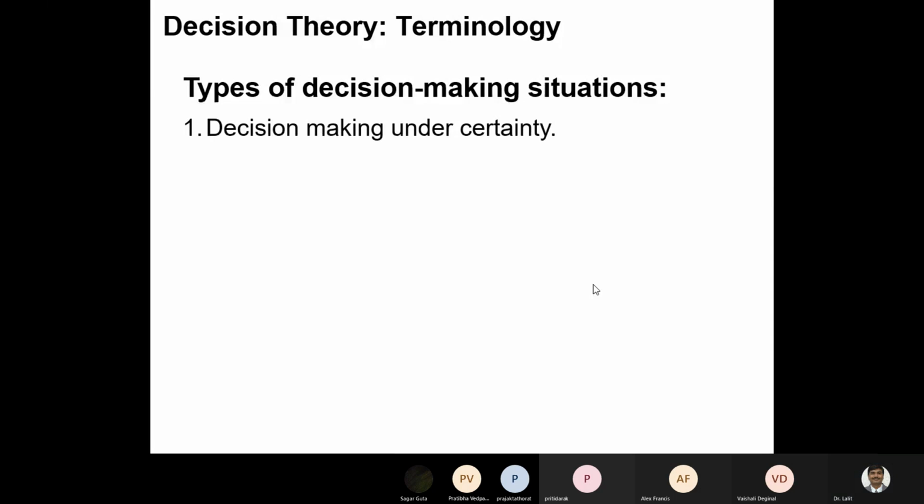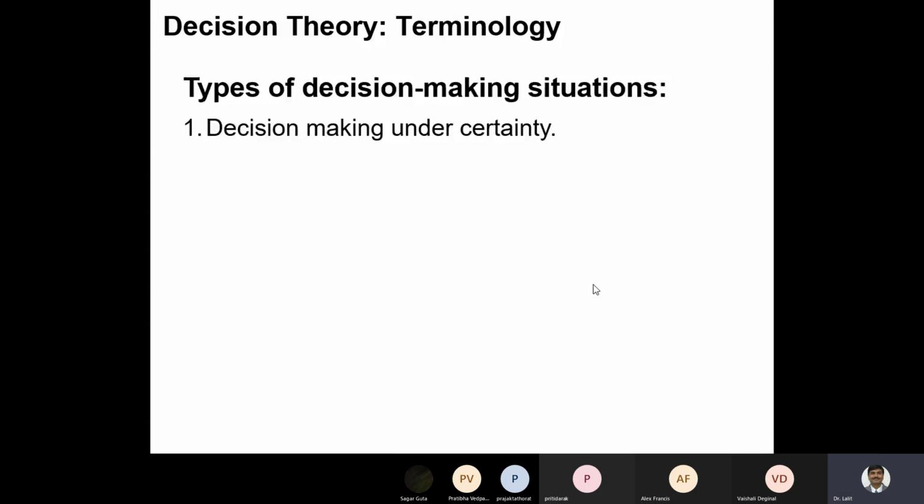First decision making situation is decision making under certainty. Basically, what is decision making? Decision making is the selection of one course of action amongst the different available courses of actions, right?